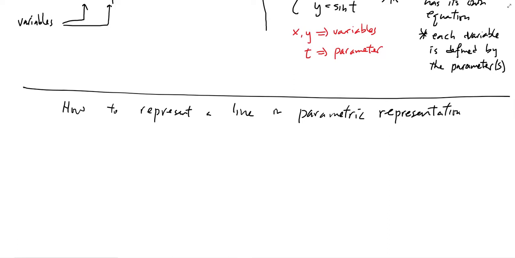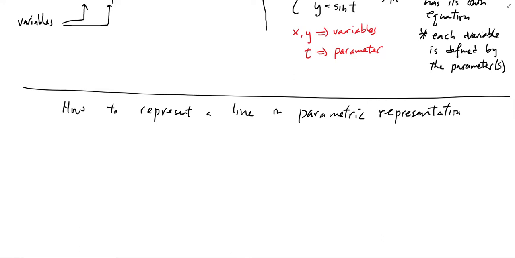But the representation is exactly the same. As a matter of fact, parametric representation of a line is more universal. It can be used in any dimension, while y = mx + b, the equation of a line, can only be used in R2. Something worth writing down for yourself.